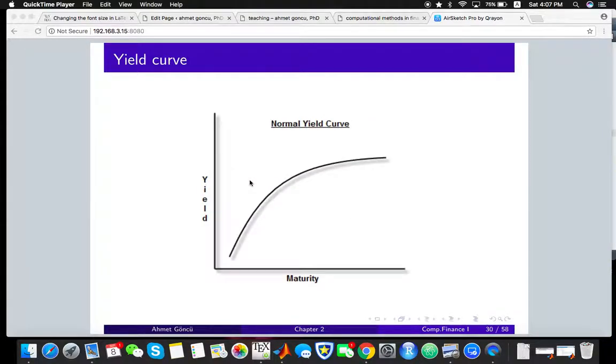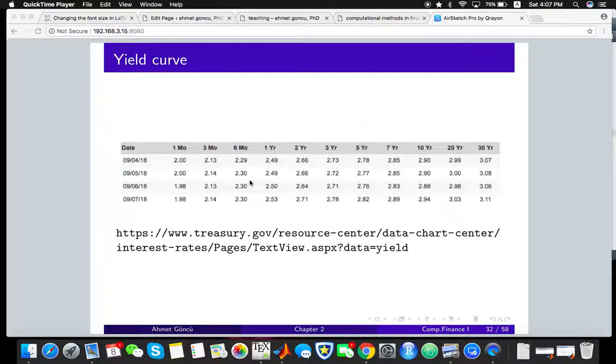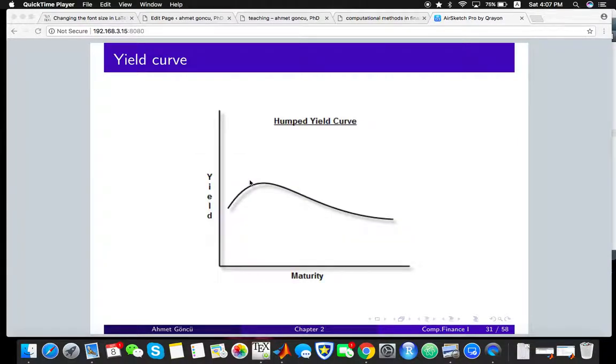So that means the yield curve, which is basically the locus of these points, the different yields that we obtained for different maturity bonds, if we combine them in a curve, what we get is a yield curve. And typically, the yield curve is upward sloping. Okay, as I showed you from this data, as the time to maturity goes longer, we often have a higher yield.